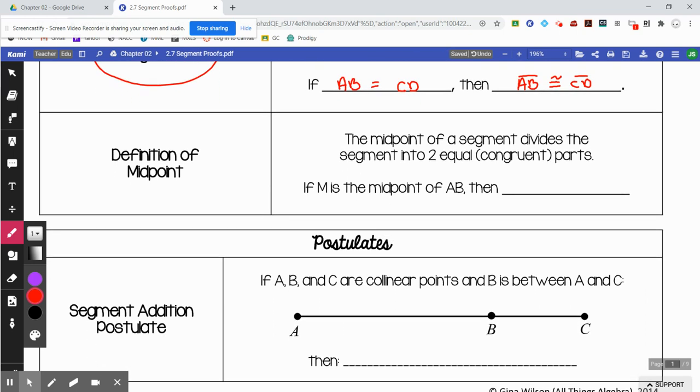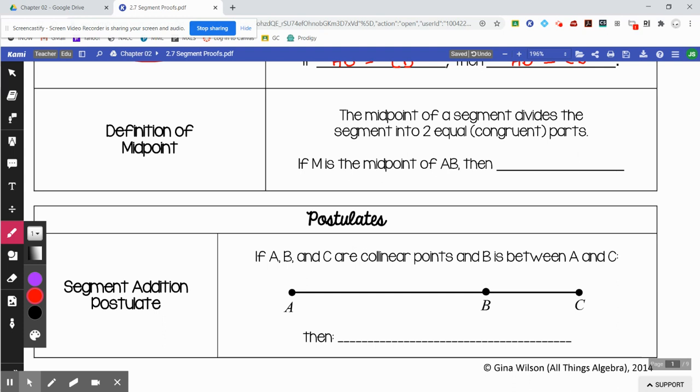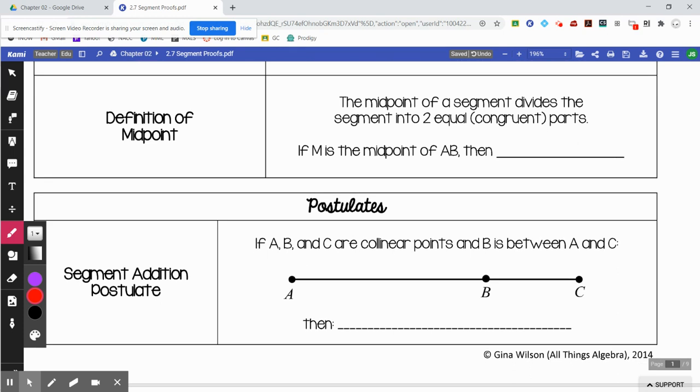Next up, the definition of a midpoint. Again, we've already done this in previous lessons, but we're just creating this reference sheet. The midpoint of a segment divides the segment into two equal or congruent parts. So if M is the midpoint of AB, and we're going to use this one a lot, and you can draw this, if you've got line segment AB, and M is the midpoint, that means that AM has to be the exact same length as MB.